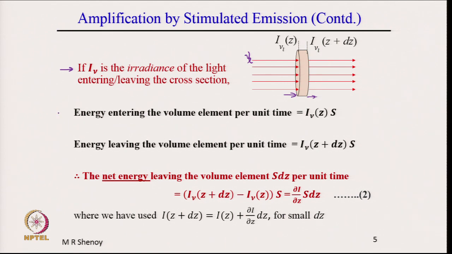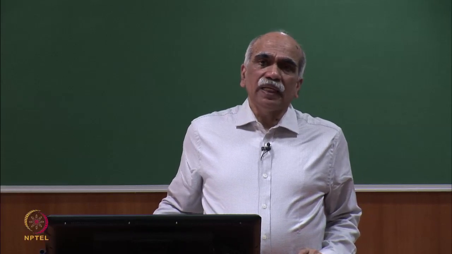Therefore, the energy entering the volume element per unit time is I nu of z into S, because energy per unit time is the power, and power is intensity multiplied by the area, because the definition of intensity is power per unit area.